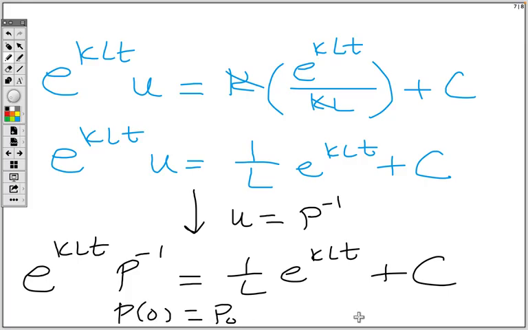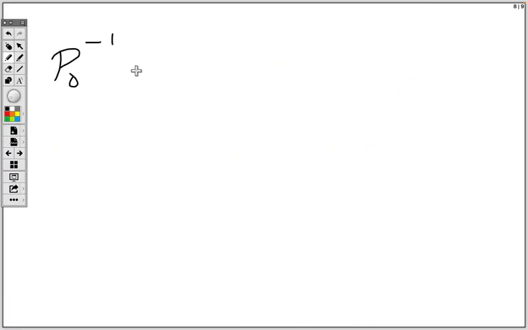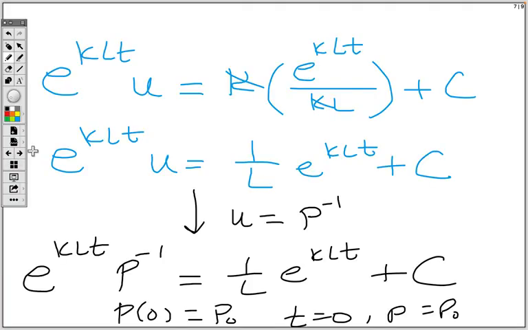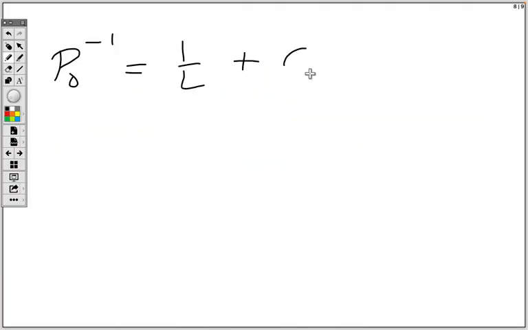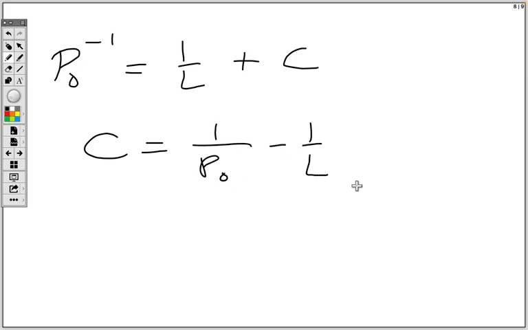And then we can carry that along and see how we can rewrite that if we need to. But when I plug in t equals 0, what's going to happen to all the e's? So e to the klt, when t is 0, those are all going to be what? Yeah, those are going to all be 1. So I'm going to have p naught to the minus 1 equals 1 over L plus C. So C is going to be 1 over p naught minus 1 over L.